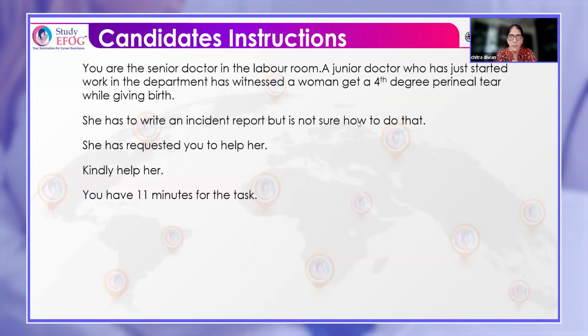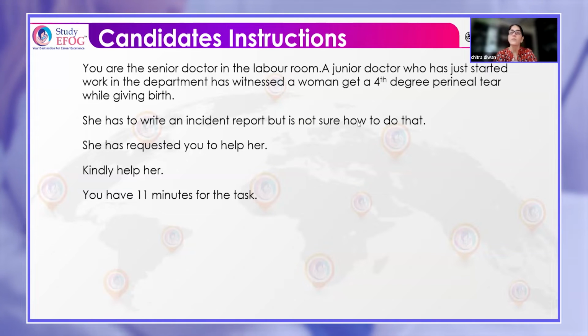So you have to write your name, what is your job in the department, and if possible, if you have an ID or an identification number, you can also fill in that number. And most importantly, you have to write the date and the time when you are filling in the incident form, so that your record is complete. So these are your details.